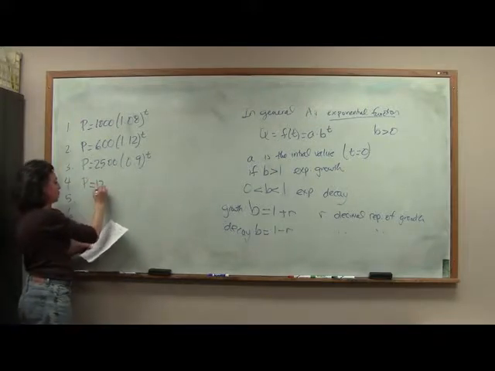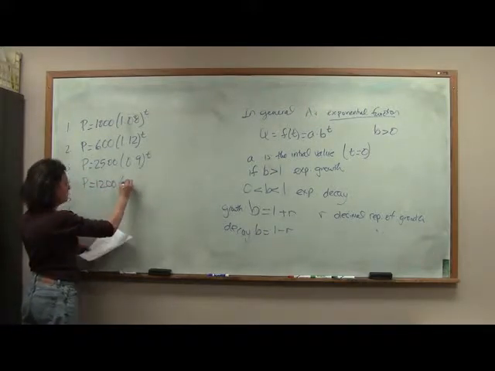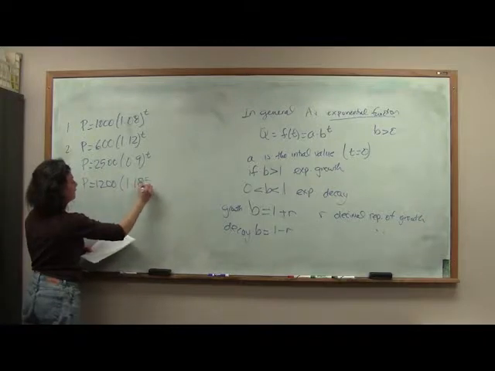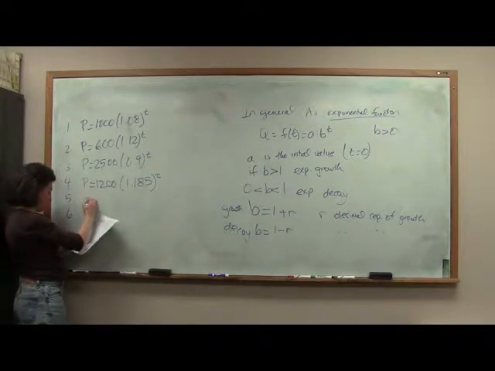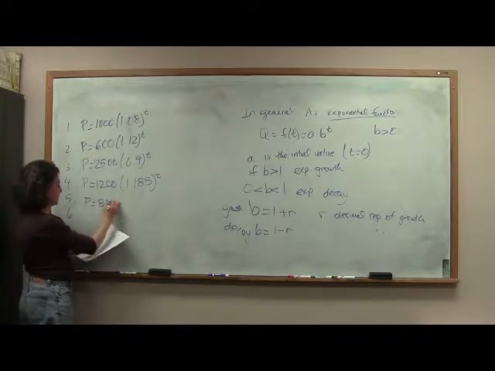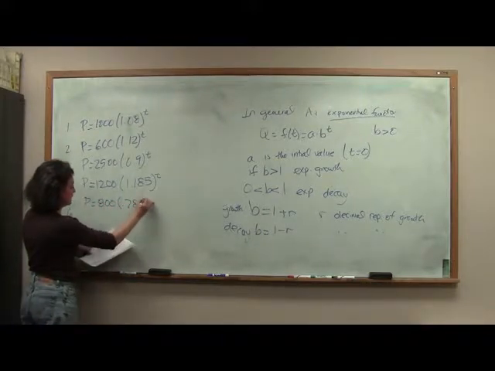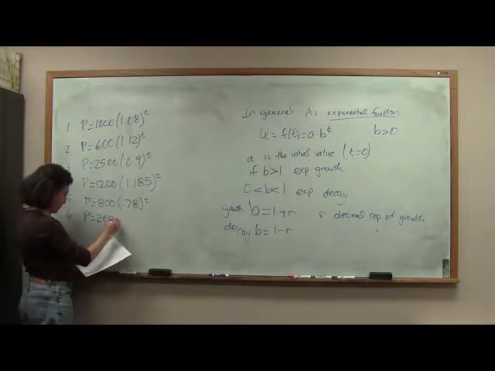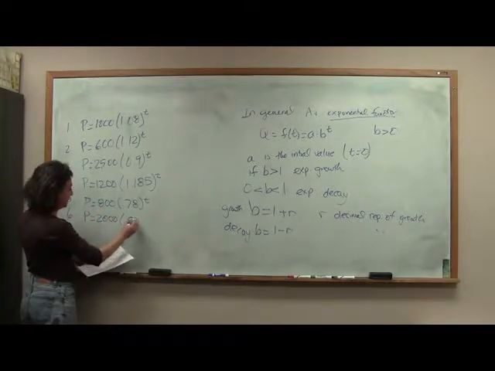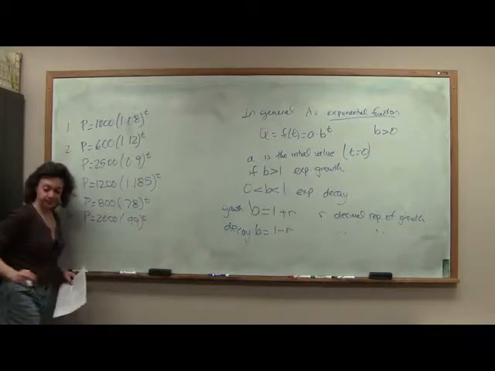Here I have 1,200 times 1.185 to the t. Here I have 800 times 0.78 to the t. And last but not least, here we have 2,000 times 0.99 to the t.